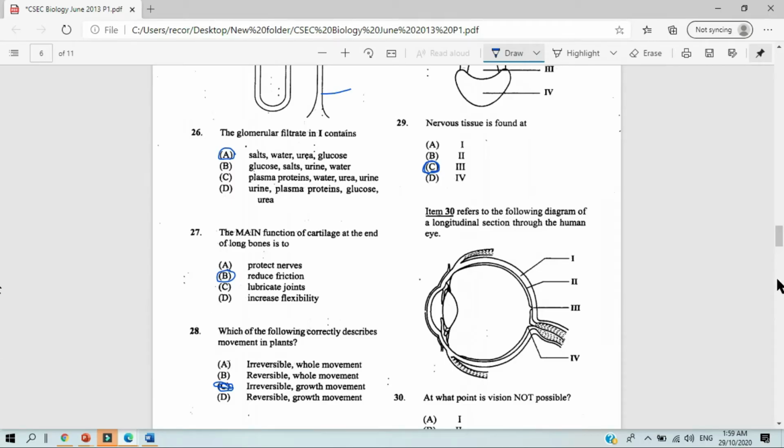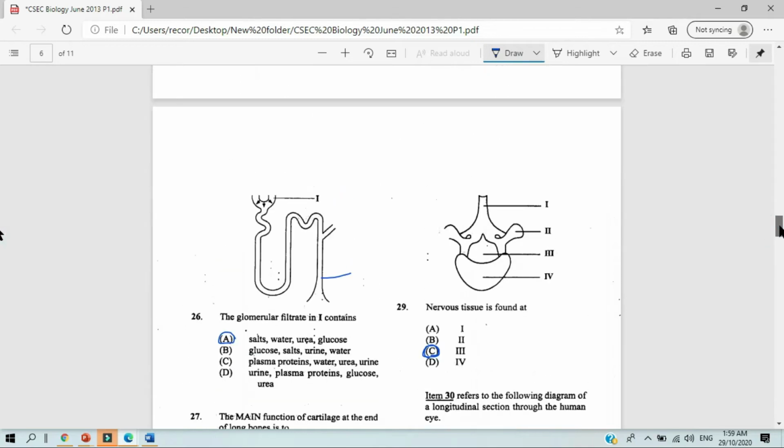Let's move to question 29. Now, question 29 refers to the following diagram of a thoracic vertebra. Now, nervous tissue is found, of course, at 3.